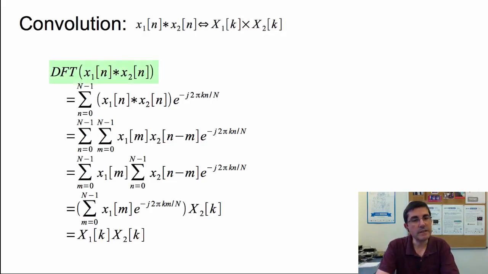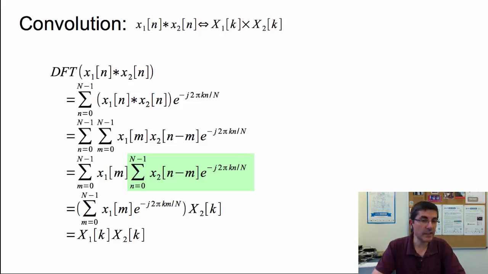If we start from the DFT of this convolution of the two signals, and put in the equation for the convolution, then we can separate x sub 1, which just relates to m, and then x2, which has n and m. But this second part is basically the DFT of a shifted signal x2.